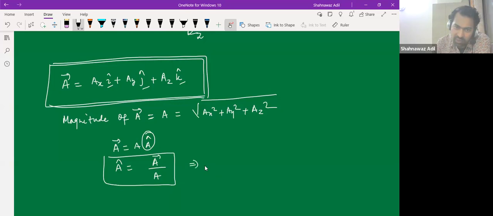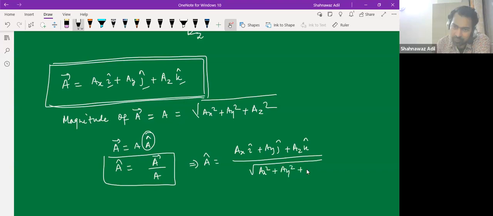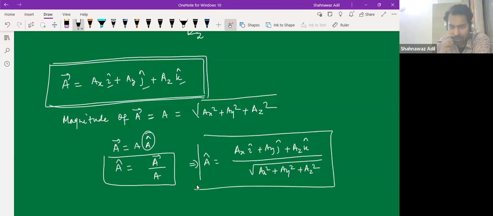So the direction would be (AXI plus AYJ plus AZK) divided by its magnitude. So this is the direction.